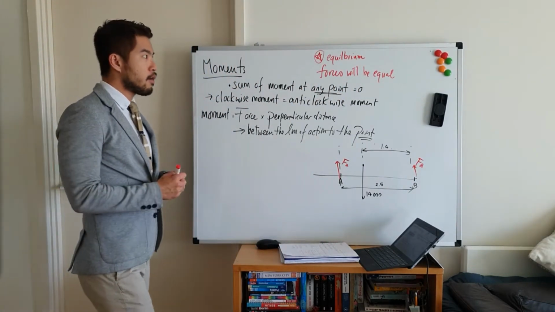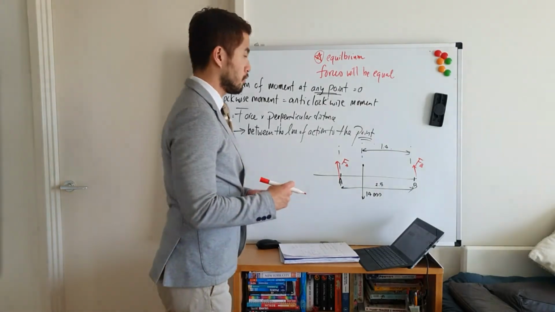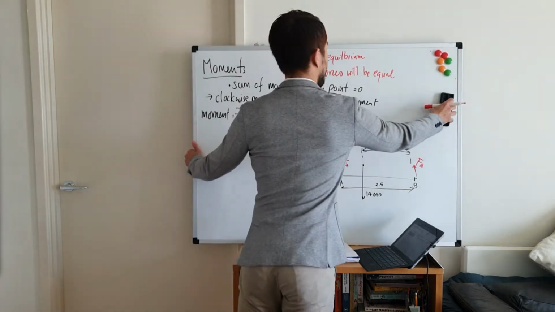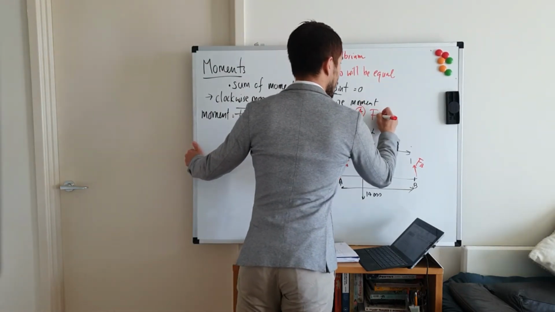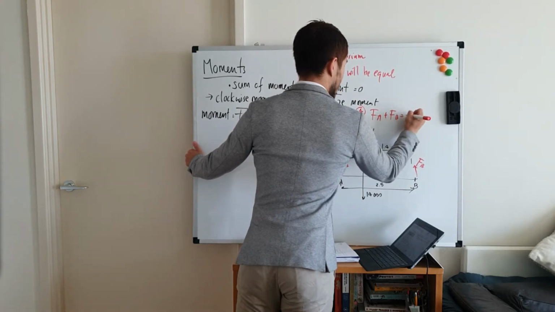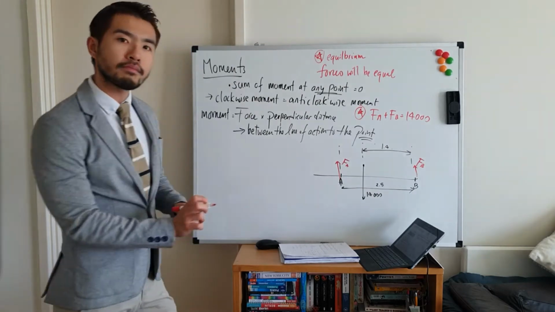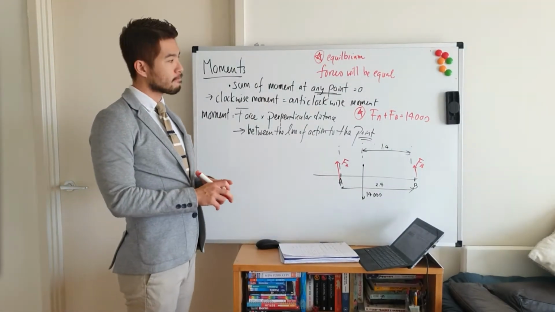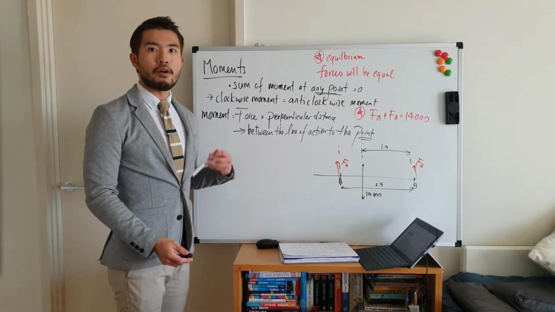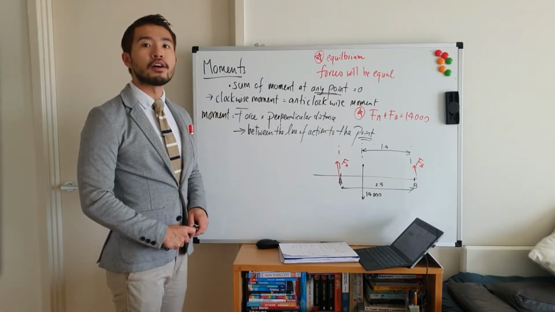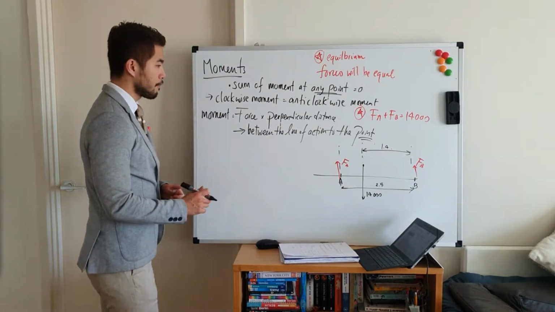And we can write down our first relationship, because we know that if force down is equal to force up, Fa plus Fb must be equal to 14000. So what I'm trying to say to you is, every single time you have got a moments question, firstly consider force. And now we can start with the moment question.